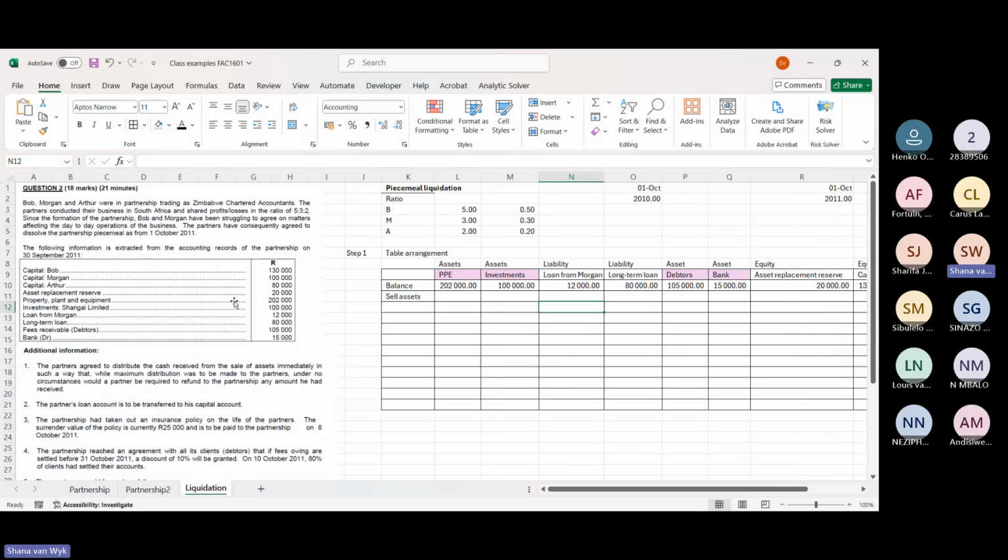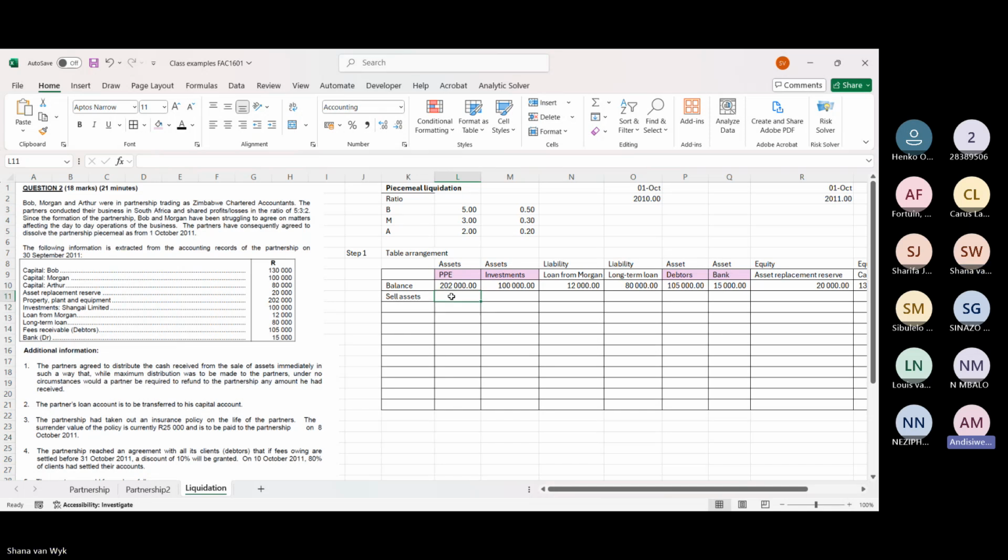So dissolve. Let's do that because this is additional information and they did tell us here the partner's loan account is to be transferred to his capital account. So we know that this one we're going to close off the capital, but this one we need to pay.